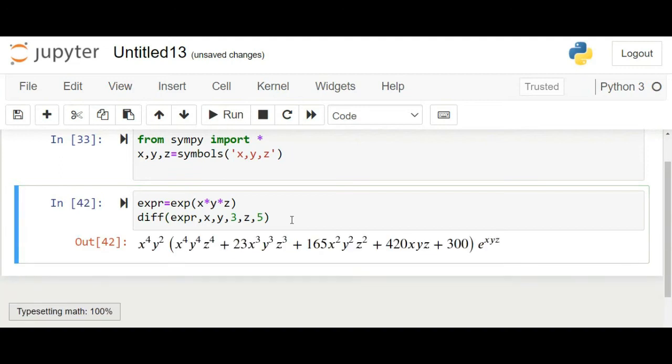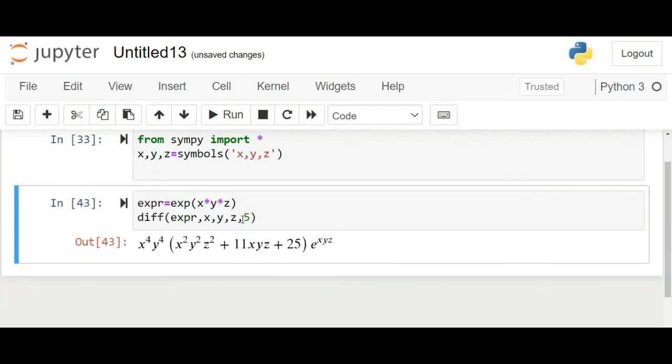Then our answer will be just like this. And by changing the expression x comma y comma y, and suppose I do not write 3 over here, then our answer will be just like this.